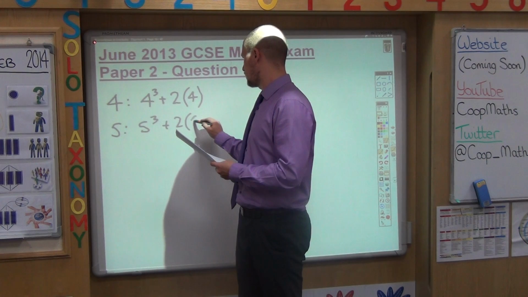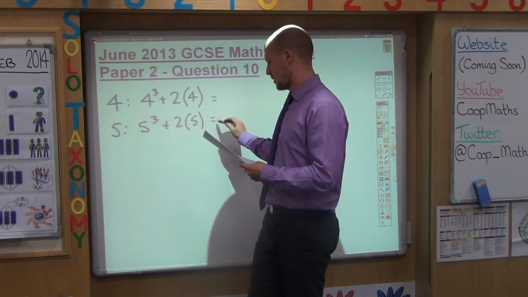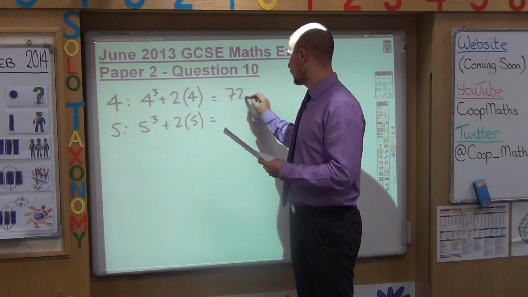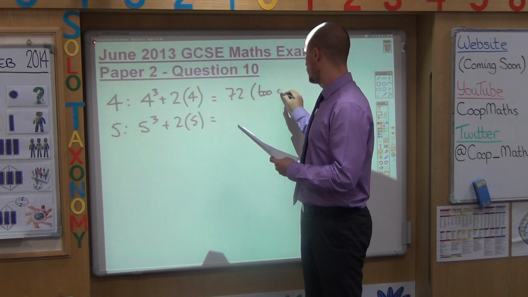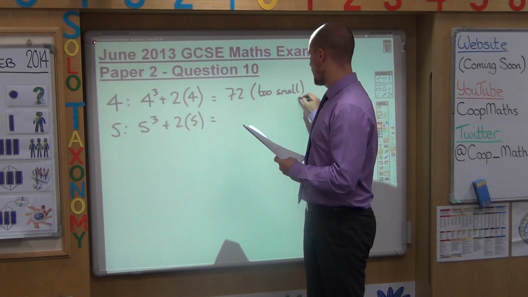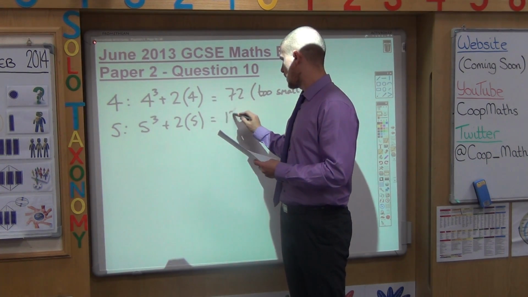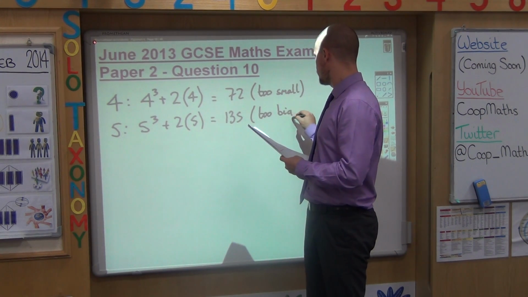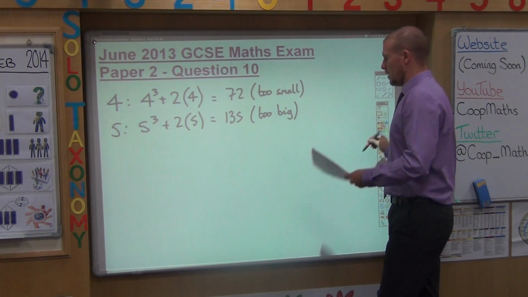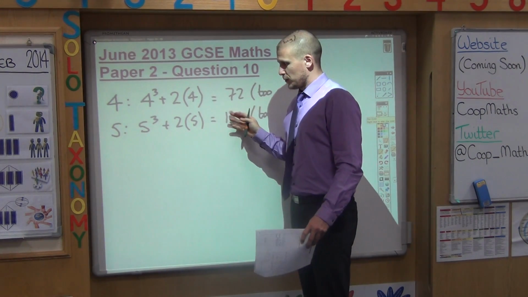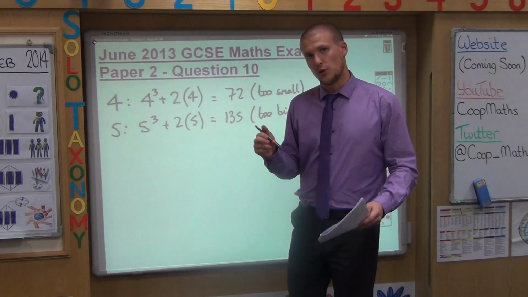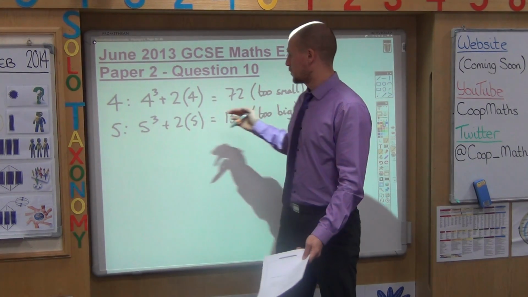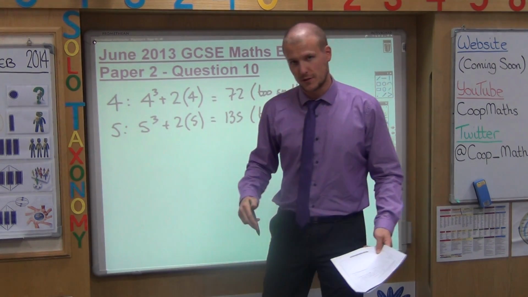So if I substitute in 4 and 5, 4 gives me 72, which is too small, and 5 gives me 135, which is too big. The values here themselves don't give you a clear indication of which one of these is closer to the right answer.